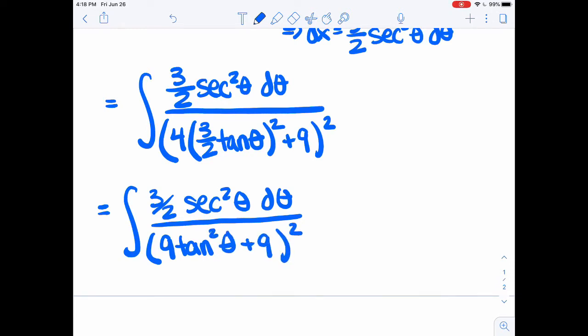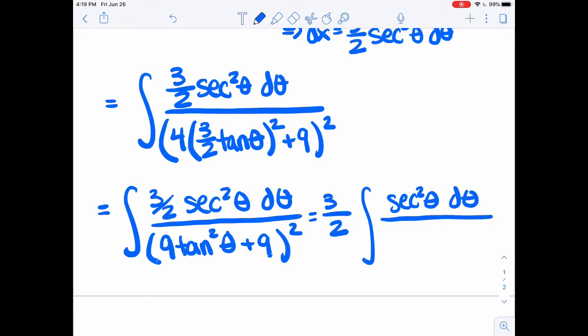If we've done the substitution correctly, this bit here that was ugly is going to simplify and look nice, like it does here. That looks a lot nicer. So let's see, one more layer of simplification. Let me pull the 3 halves out. So we have a secant squared theta d theta, and down here, let me pull the 9 out.